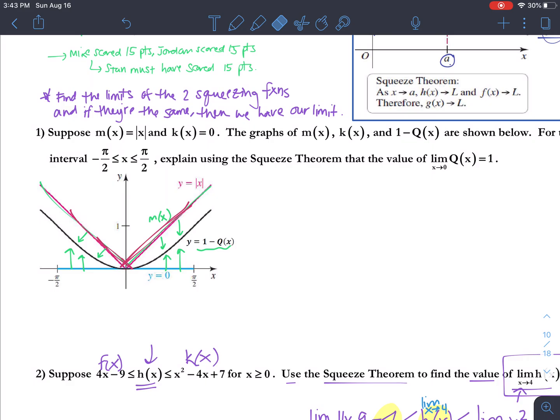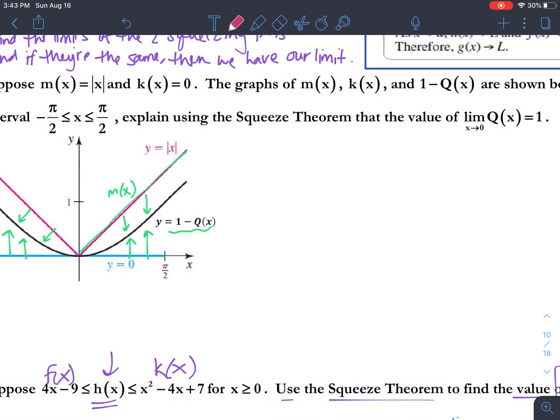So we already kind of know what's going on here in terms of the function. And again, what I just said out loud, you could write it if you want. The limit as x approaches 0 of m of x is 0, right? Because I get closer to 0 from the left and the right. The limit as x approaches 0 of k of x, which again is just 0. What's the limit of 0? It would be 0.